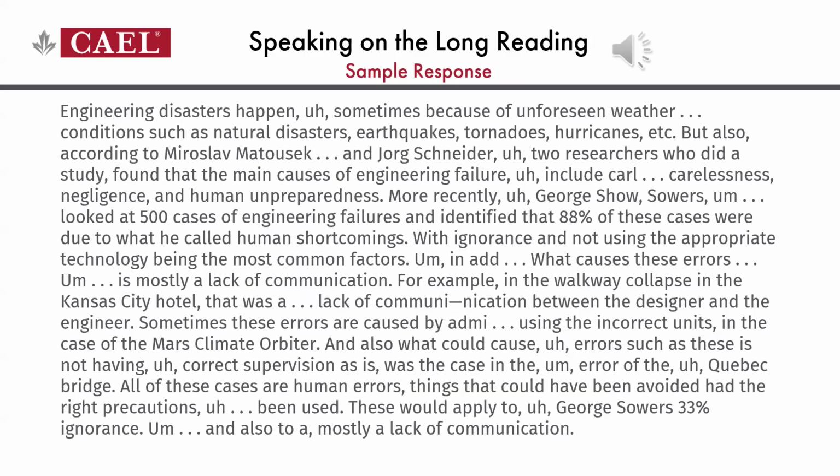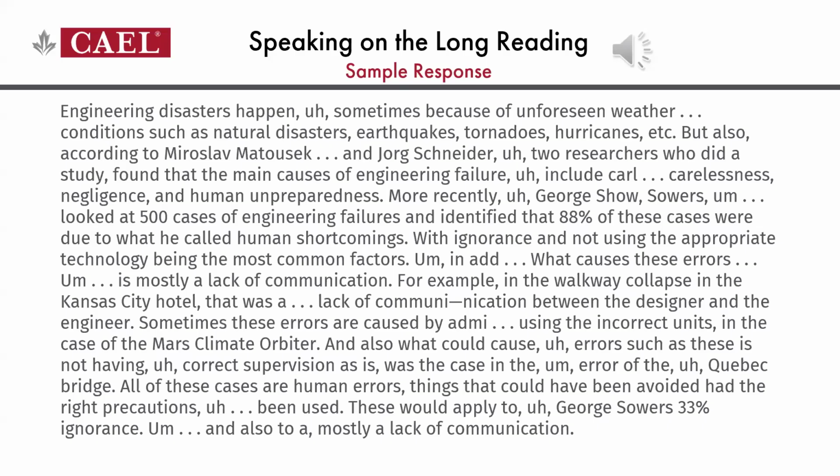Engineering disasters happen sometimes because of unforeseen weather conditions such as natural disasters, earthquakes, tornadoes, hurricanes, etc. But also, according to Miroslav Matusek and George Snyder, two researchers who did a study, found that the main causes of engineering failure include carelessness, negligence, and human unpreparedness.